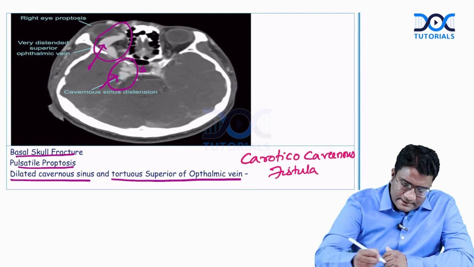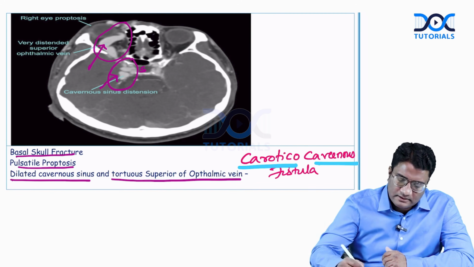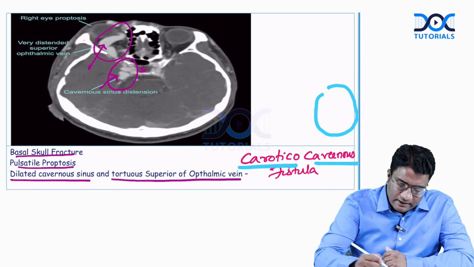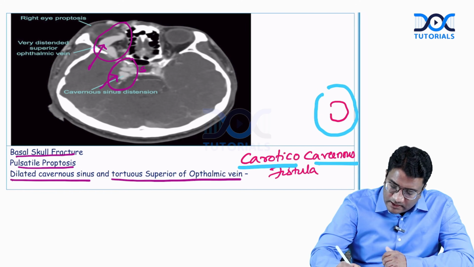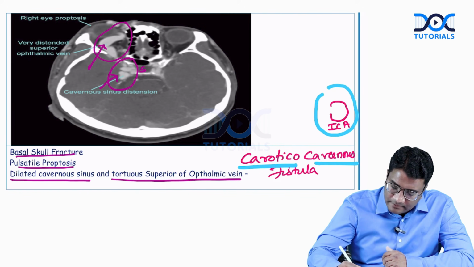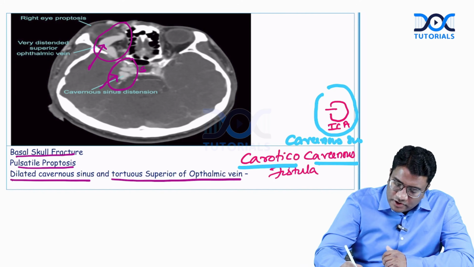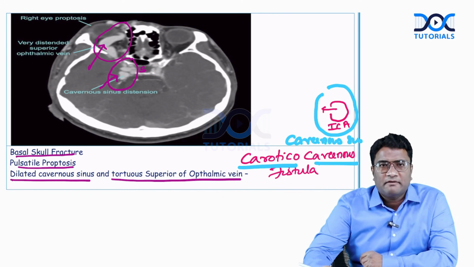Now, what exactly is happening here? There is a cavernous sinus, and inside the cavernous sinus we see the internal carotid artery. After trauma, a communication develops between the internal carotid artery and the cavernous sinus.